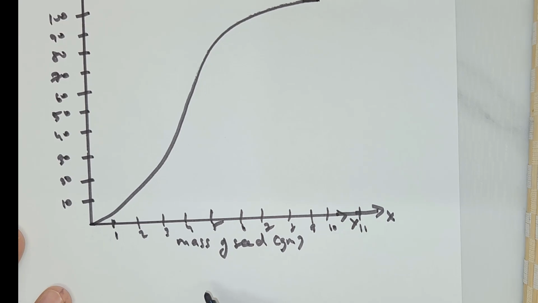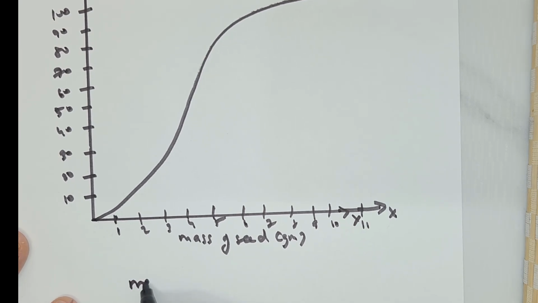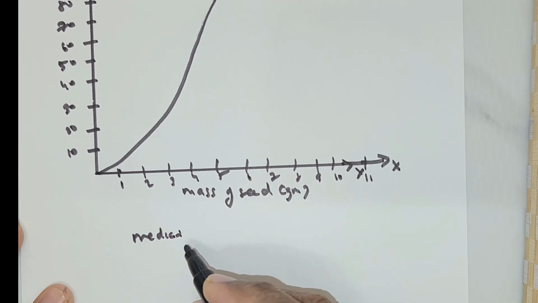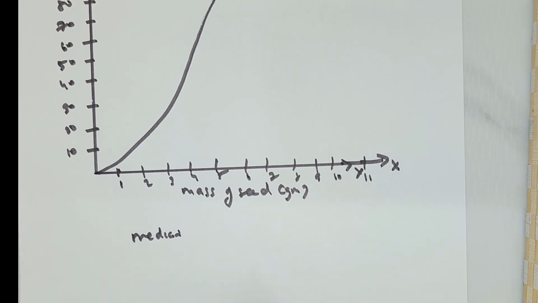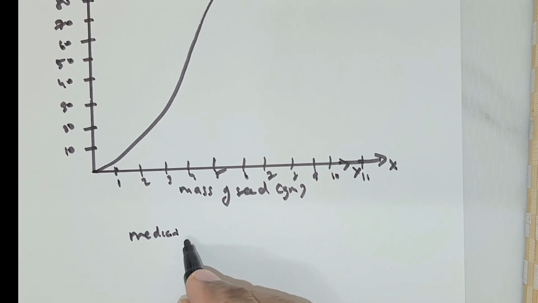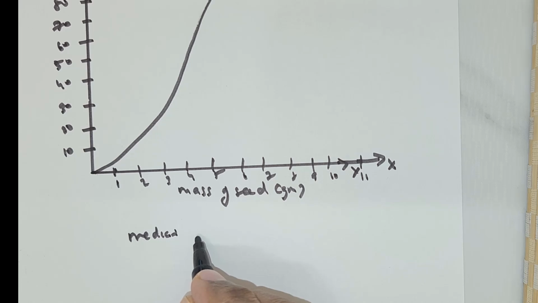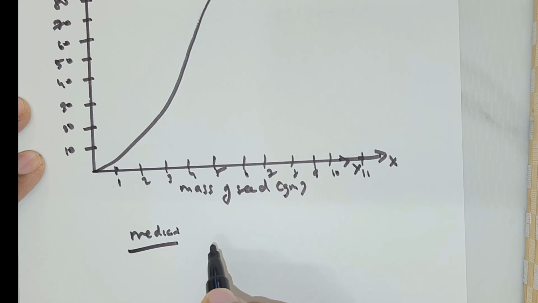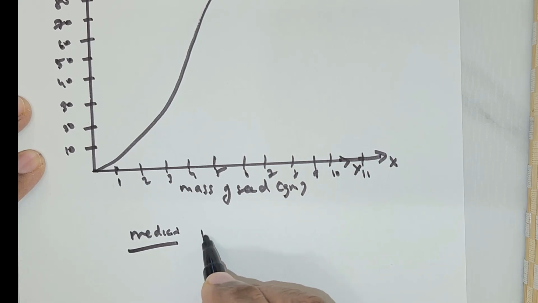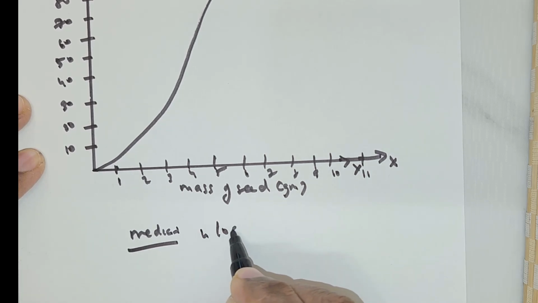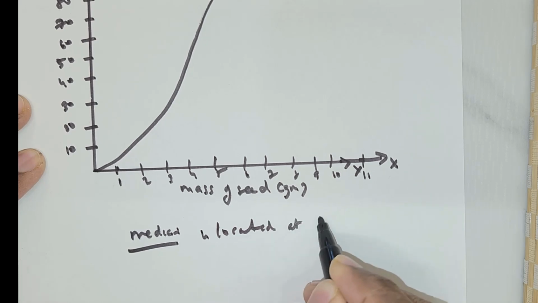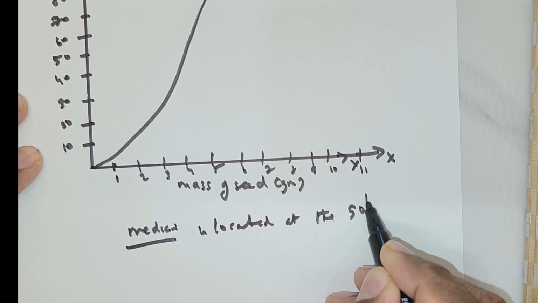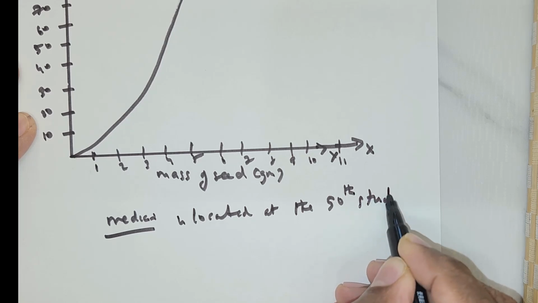Now we have to find the median. So estimate the median for this chart. When we're talking about the median, it is located at the 50th student, because there are 100 students.